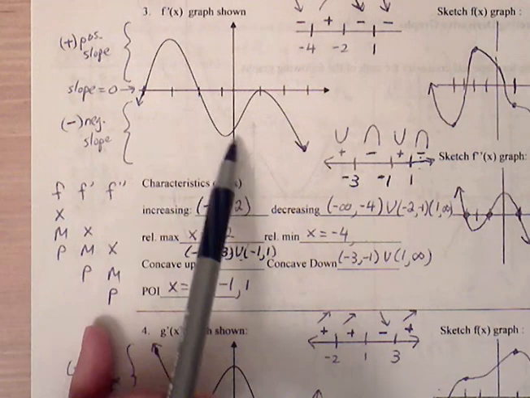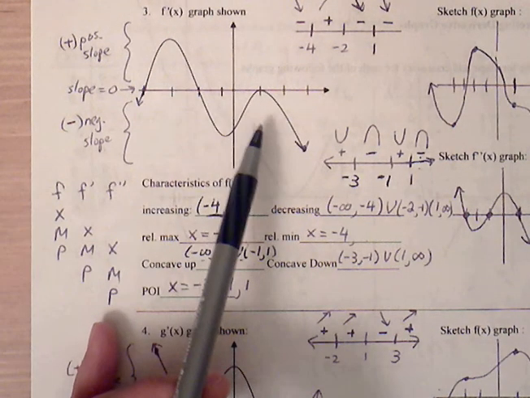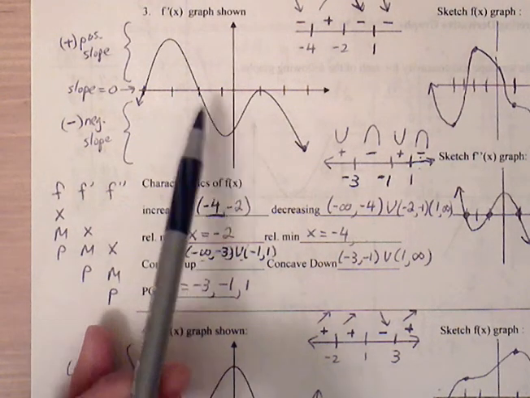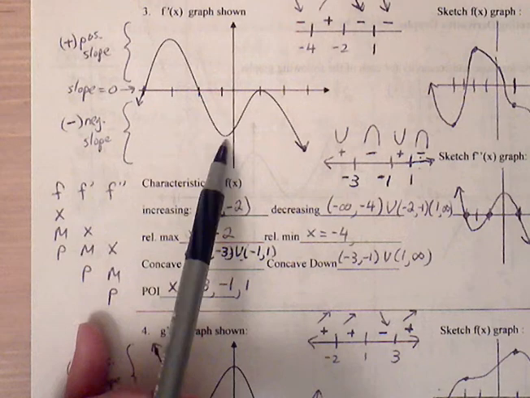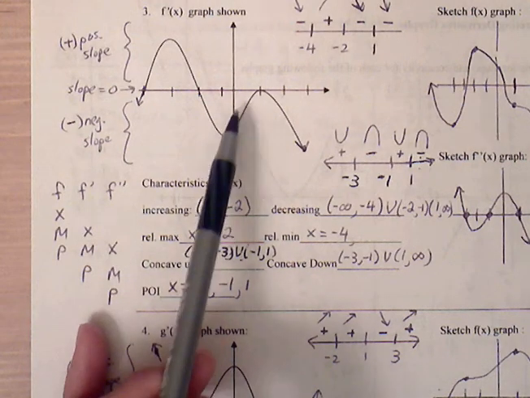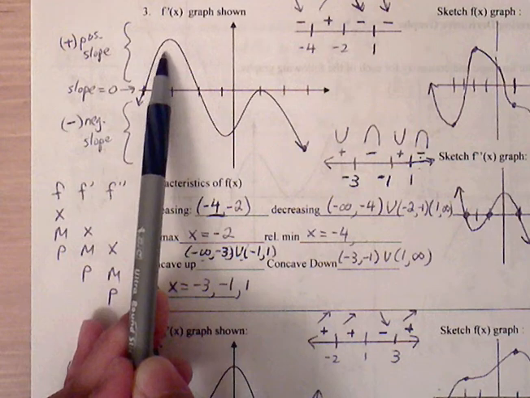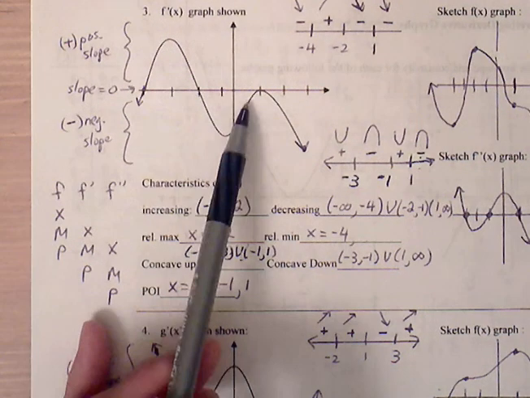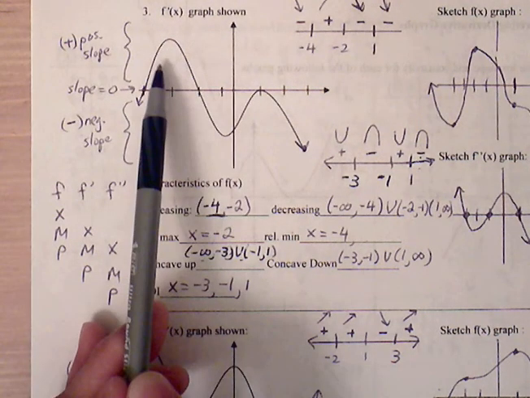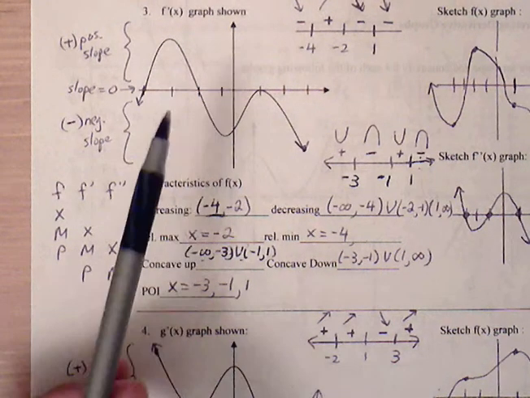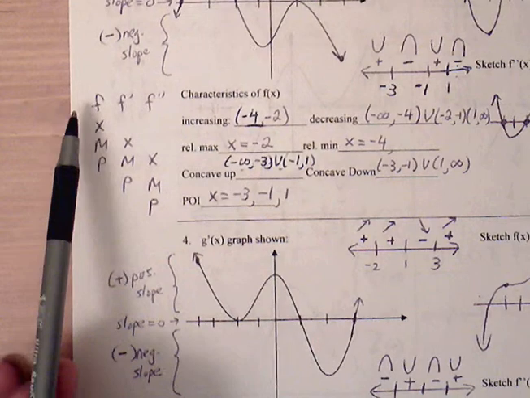So the hills and valleys of your derivative graph represent POIs, just like how the hills and valleys of your position graph represent the critical points for your f prime graph. So there's a nice continuity, a nice pattern that you see between f prime and f double prime, and that is shown by this table here.